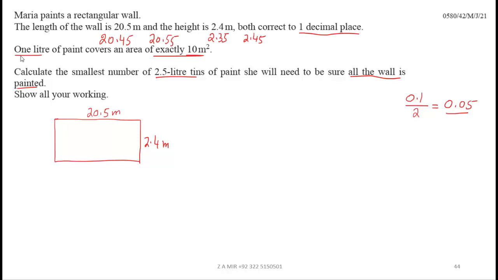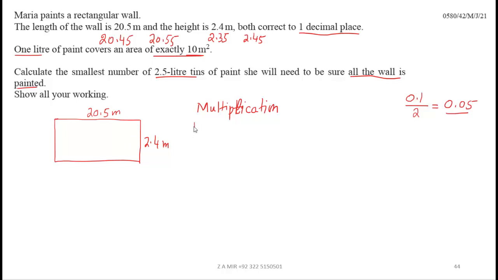To find the minimum area of this wall, we multiply the length with the height. When you are doing multiplication, to find the minimum value, we multiply lower bound with lower bound.